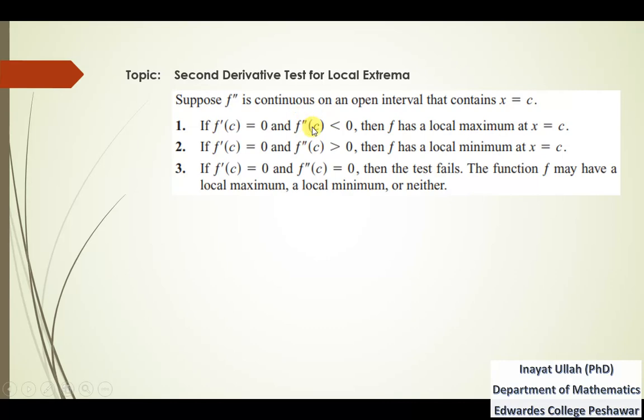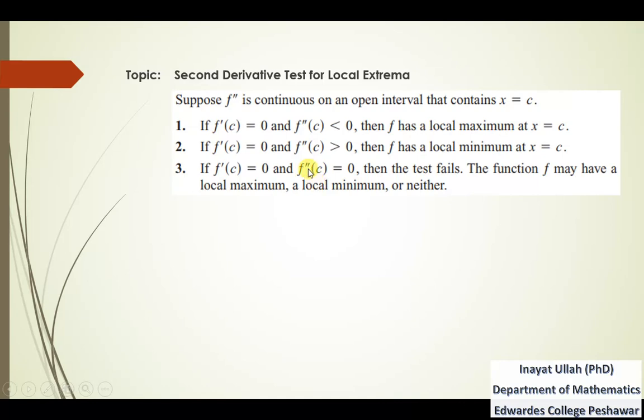If the second derivative is negative, then we say that f has a local maximum at x equal to c. And whenever that critical value is entered in the second derivative and the answer is positive, then we say that f has a local minimum value at x equal to c.